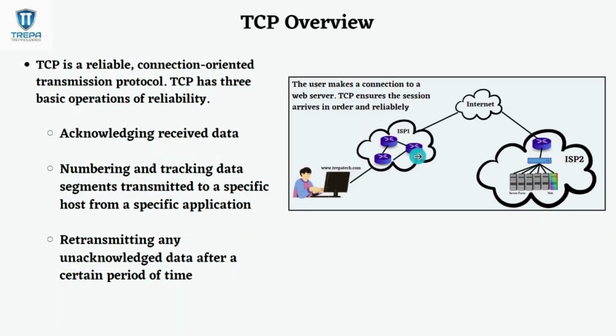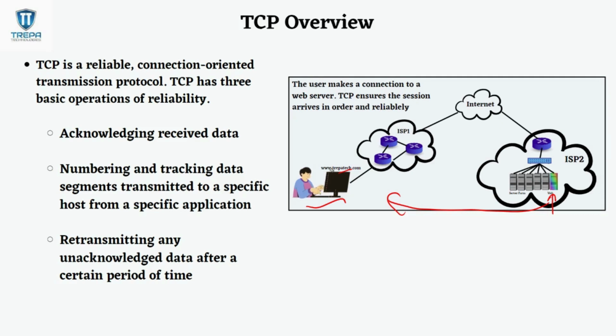Okay, so TCP overview. TCP is a reliable, connection-oriented transmission protocol. So really the basic operations of the reliability for TCP is it's going to acknowledge data being received. And what we mean by that is this guy right here typing away, going to trepatech.com. My web server over here is going to acknowledge that it got sent a request or data from that client. It's also going to do numbering and tracking of data segments transmitted.